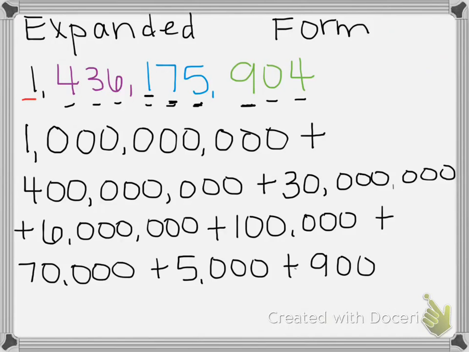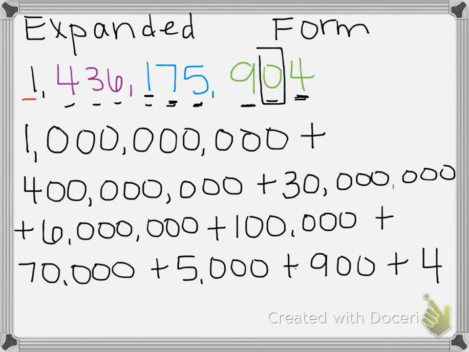If you look at the next digit, it's a 0, so its value is 0. When we do expanded form, if we have a digit of 0, we do not include it in expanded form. So we're going to skip it and go on to the ones place, which is a 4, so its value is 4. So now we want to check over our work.